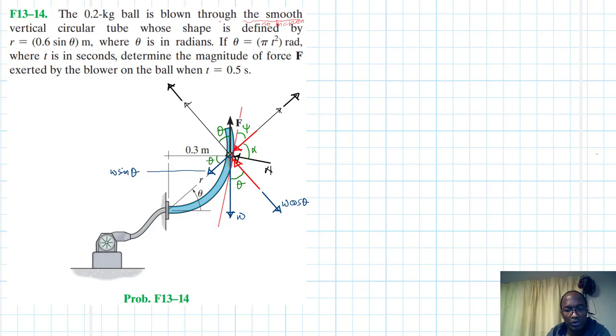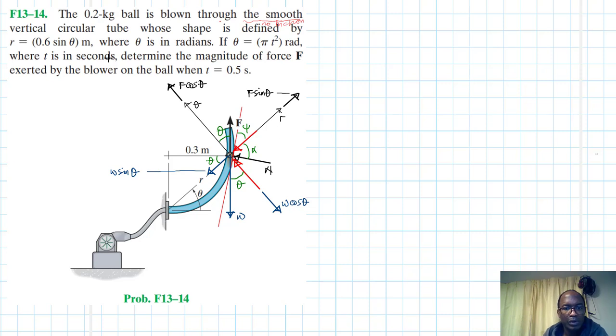I didn't label this. So this is our r coordinate, and this is our theta coordinate. So this one becomes F cos theta, and this one is F sin theta. Do we have everything? I think so now. We are good to go.